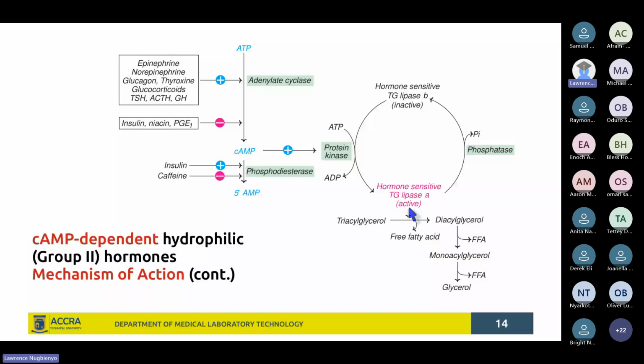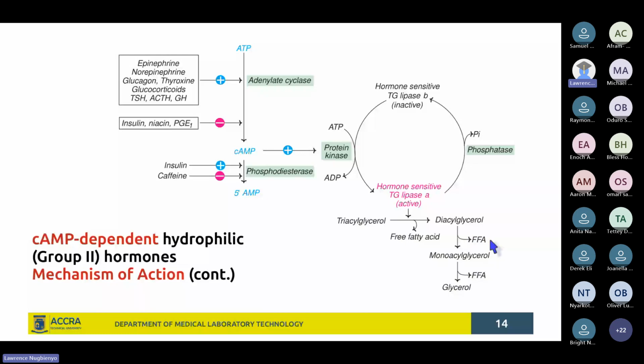And the triacylglycerol lipase is responsible for initiating the breakdown of triacylglycerols. So in the beginning, you have triacylglycerol, the first molecule. One free fatty acid is broken from it. You are left with a diacylglycerol. Then diacylglycerol lipase will come in that reaction and remove the second free fatty acid.